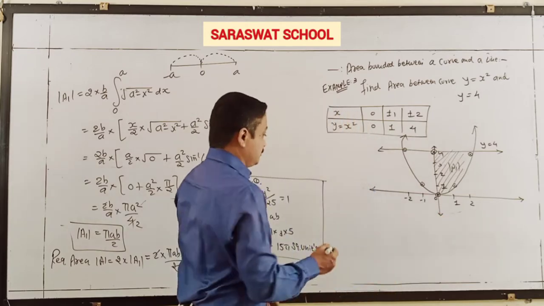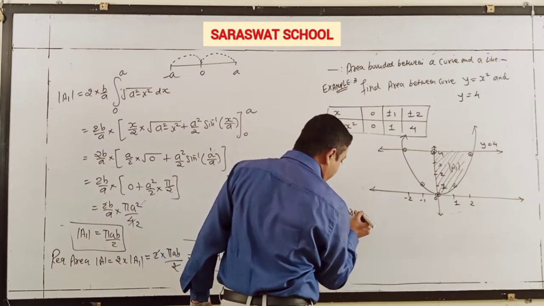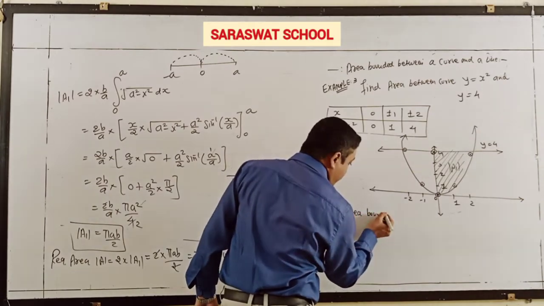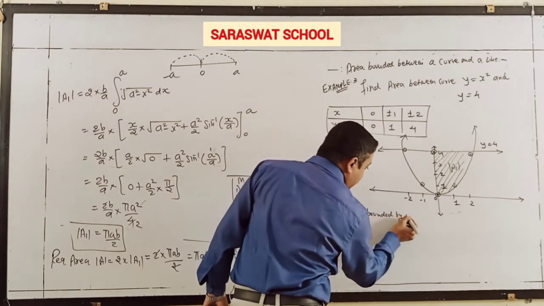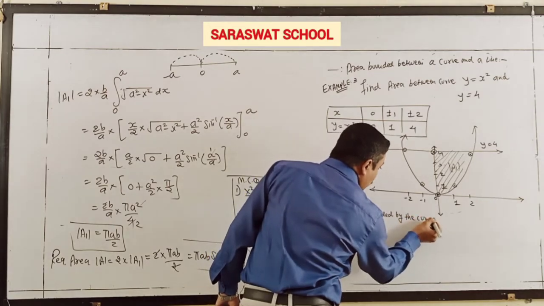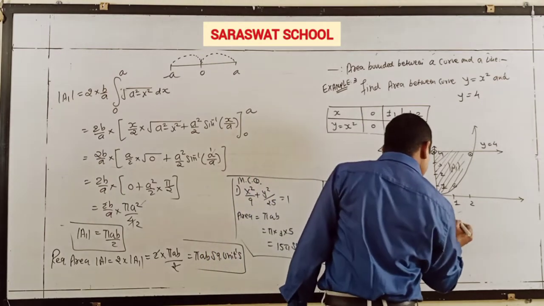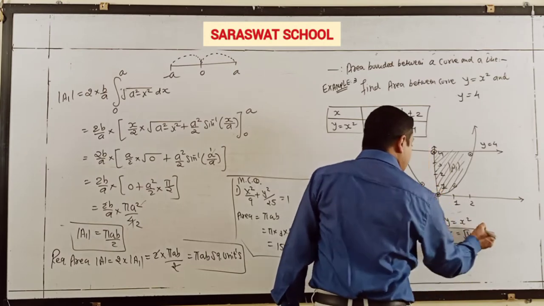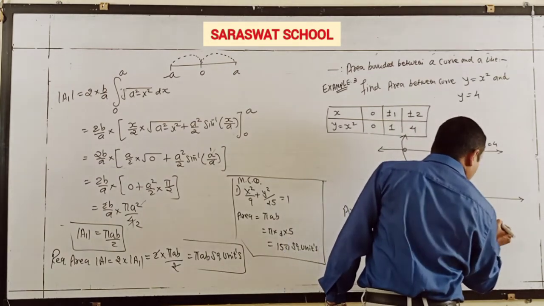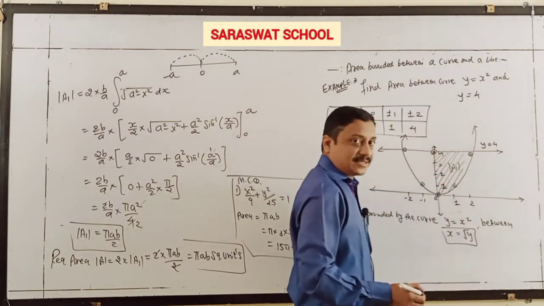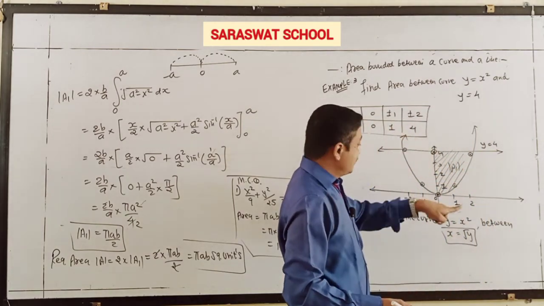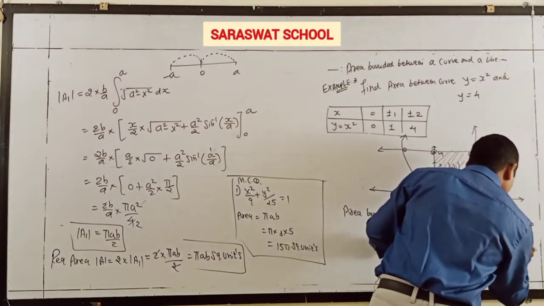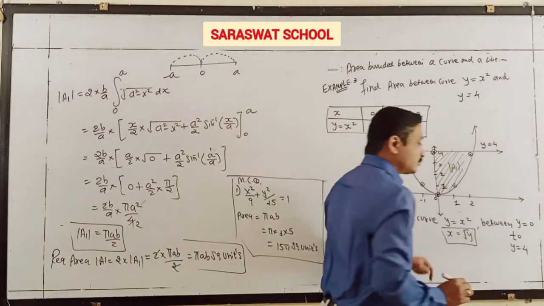So my solution: area bounded by the curve. What is the curve? y is equal to x square. So x is equal to root y, between y is equal to 0 to y is equal to 4.